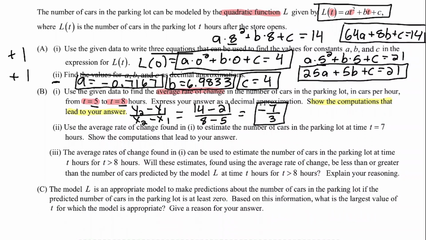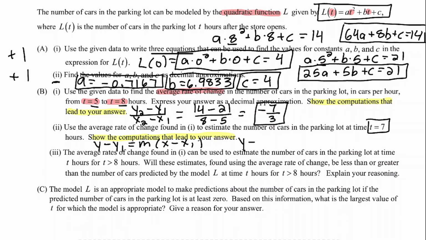For 2, it says use the average rate of change from part 1. So you had to get this part right or else you're not going to get part 2 right. To estimate the number of cars in the lot when time is equal to 7. Show the computations again that lead to your answer. So again, if you don't show them how you got your answer, they're probably not going to give you the point. So again, if you remember, I can use this formula, y minus y1 equals m times x minus x1.